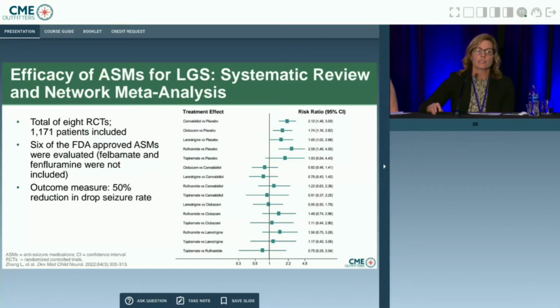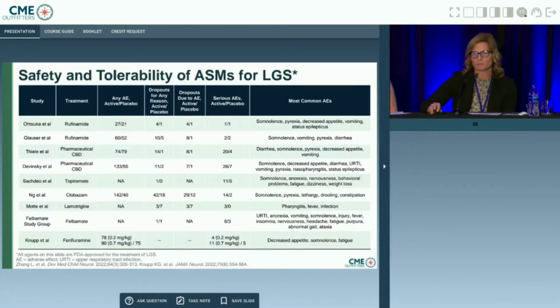They looked at 6 medications that have FDA approval for the treatment of Lennox-Gastaut syndrome, and they found that all of them had efficacy when compared to placebo, but none of them had substantial efficacy when compared to each other. And so there really is no one gold standard that we should be going for here.